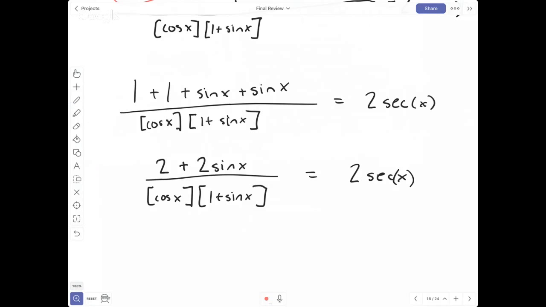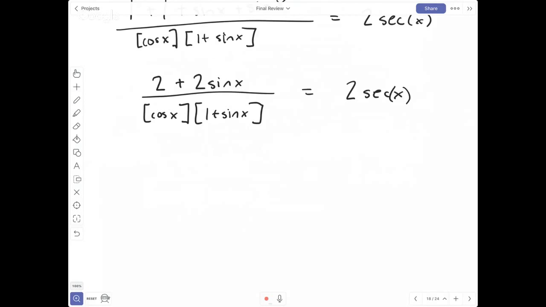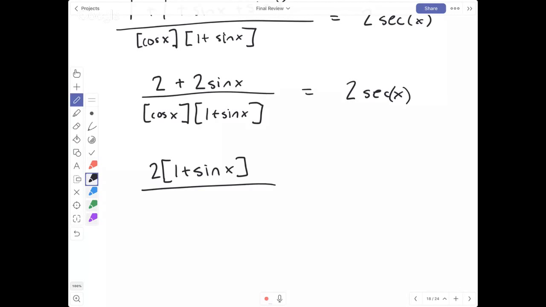And then I'm noticing that these look very similar. So I'm going to factor a 2 out and say that would be 2 times 1 plus sine x over cosine x times 1 plus sine x. And hurrah, I can feel myself getting close to the end now.